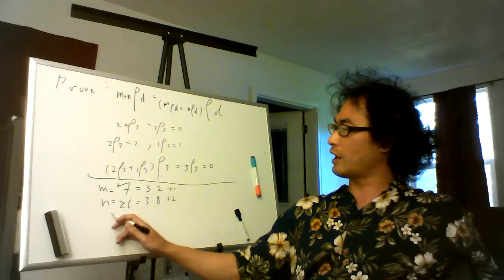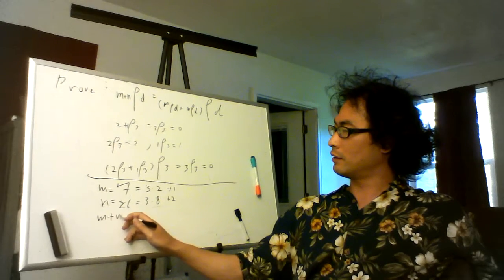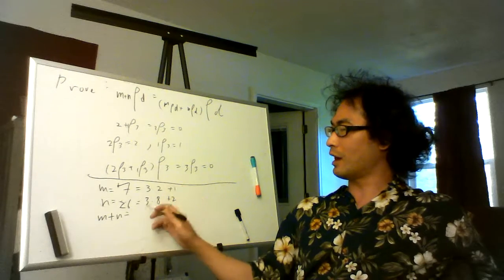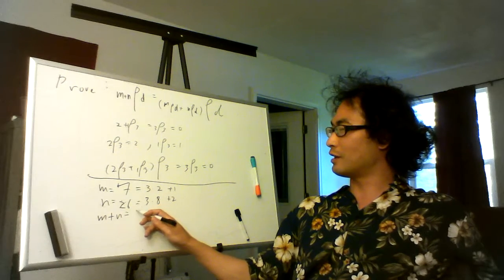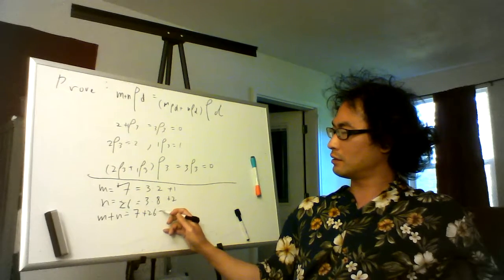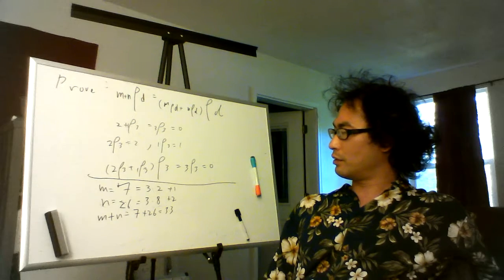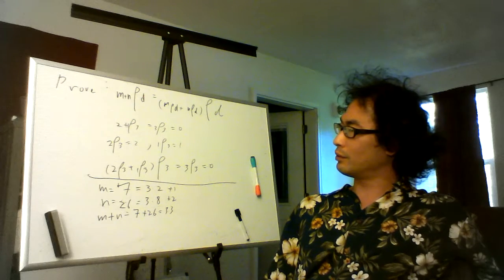Now, m plus n, some random number, I try to make it as random as possible. 7 plus 26 is 33, whatever.